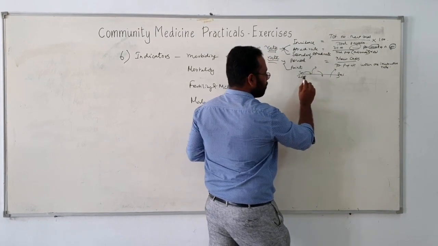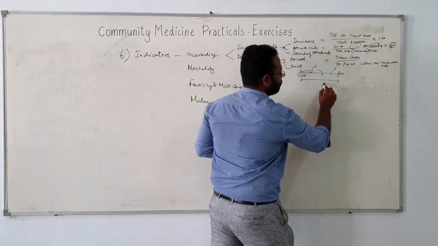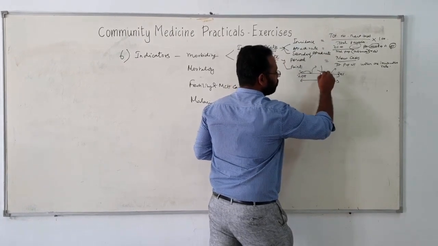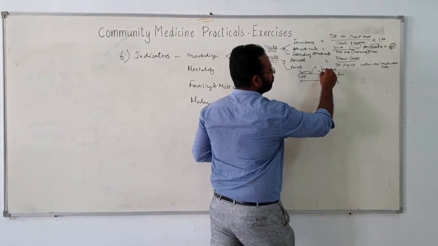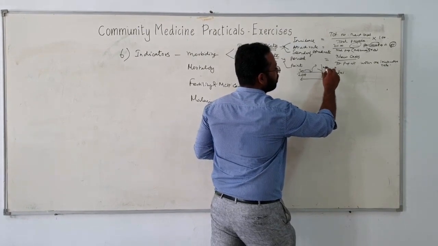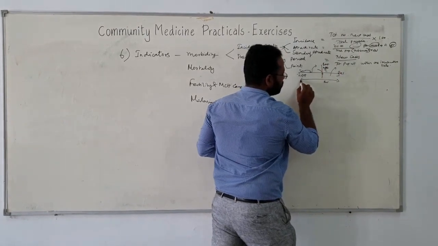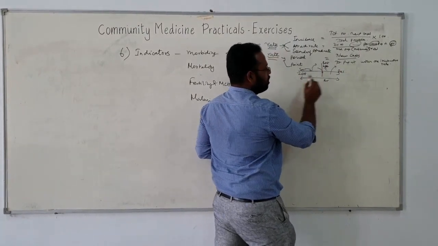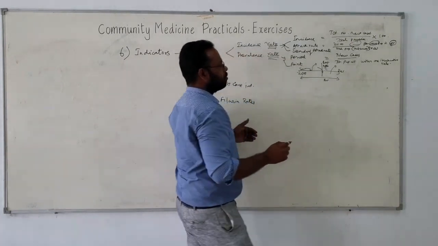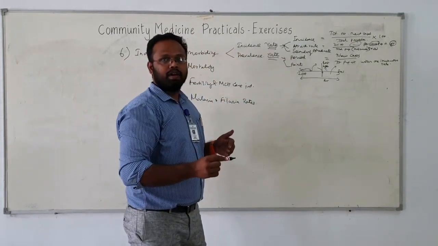So if you map all these things and measure, that is called period prevalence. And if at a particular point of time, in the month of October, you ask how many cases are there, this is called point prevalence. Whereas the cases present between January and December are considered period prevalence.